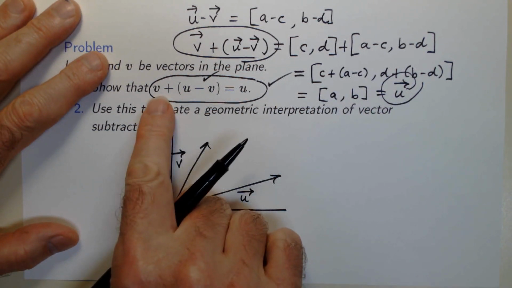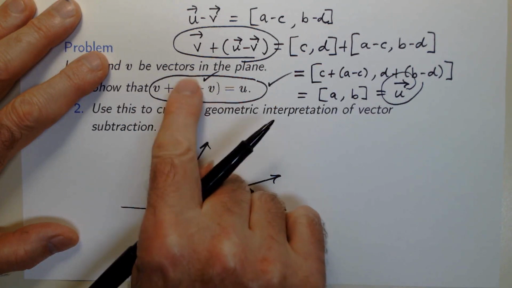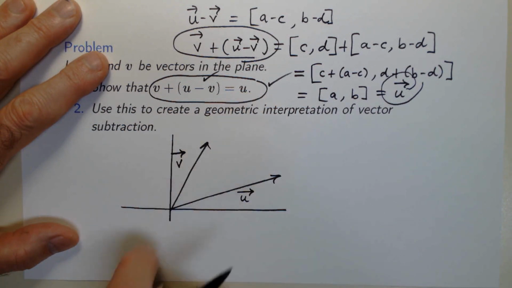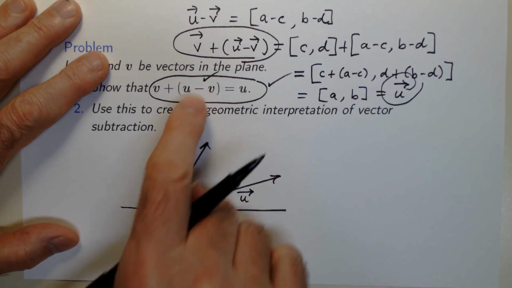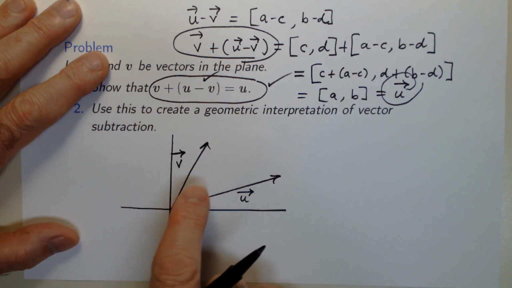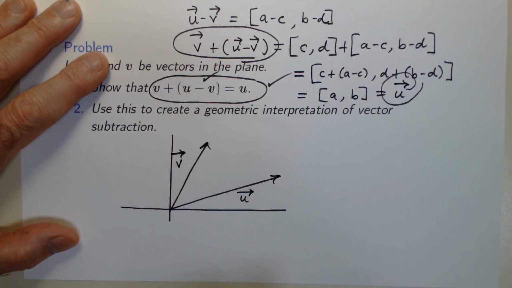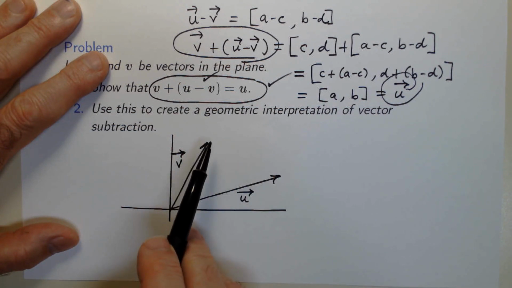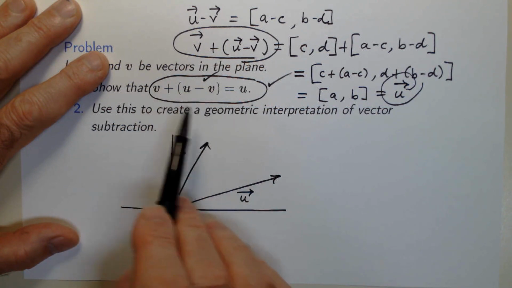Now let's think about what this is saying. This is saying if I add u minus v onto v, I get u. So I have to think of a vector that I could add onto v to get to u. That would be a way of thinking about u minus v. It's the vector that I have to add onto v in order to get to u. And if we think about it that way, we can see it in this picture. If I draw a vector that starts at the tip of v and ends at the tip of u, that's going to be this vector u minus v.